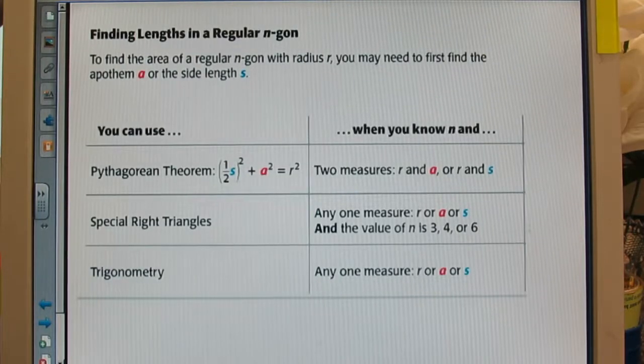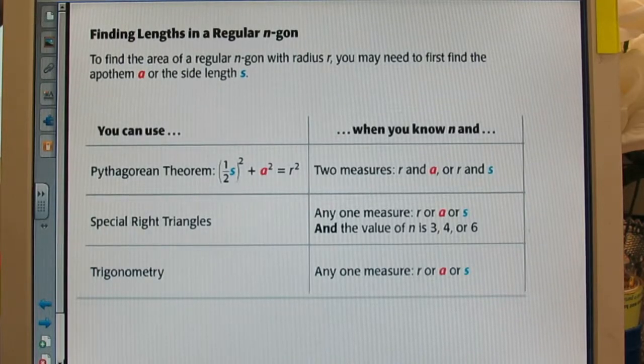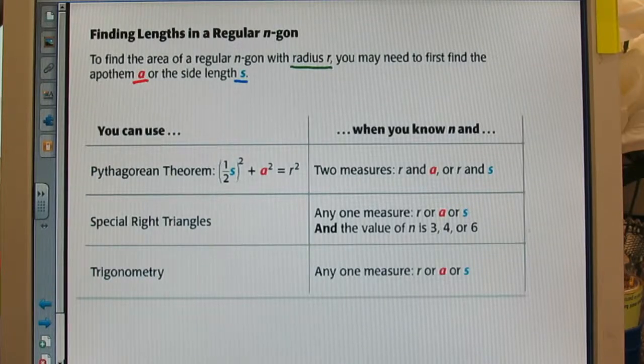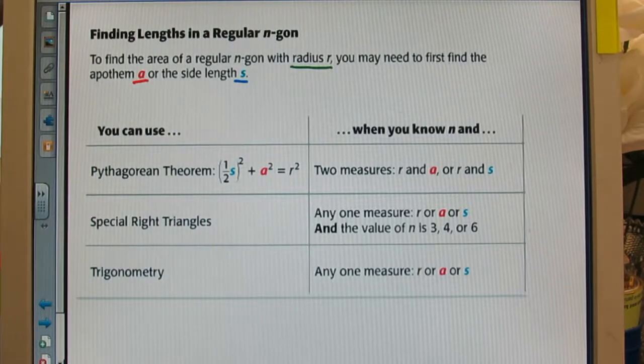So once again, if I'm finding lengths in a regular n-gon, if I have a regular n-gon with a radius r, I may need to first find the apothem a or side length s, to be able to actually find the area. And then I have 3 different methods I can use.